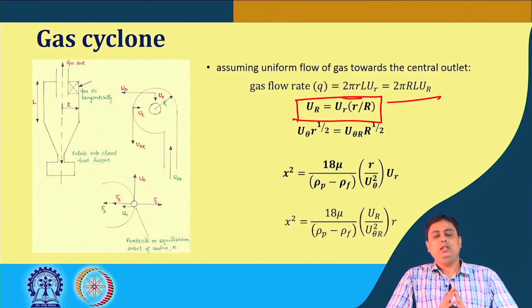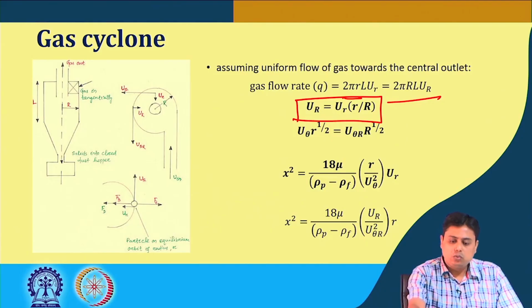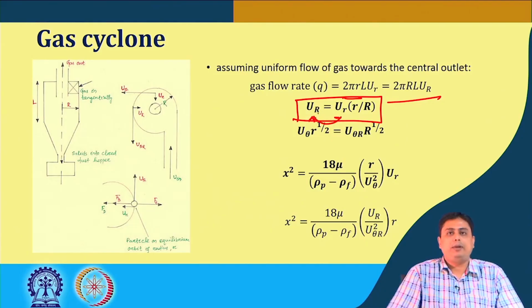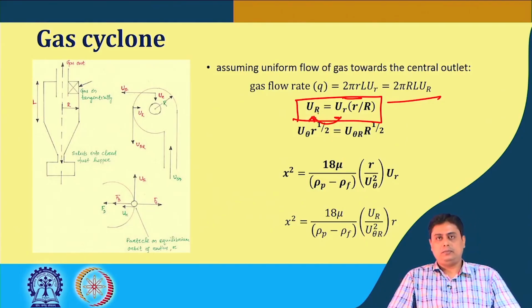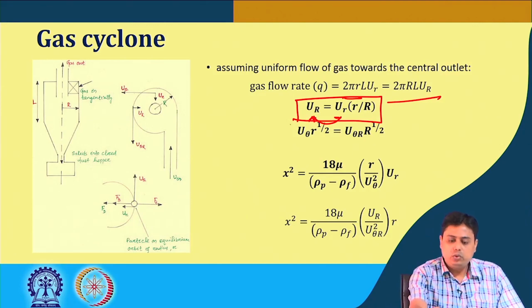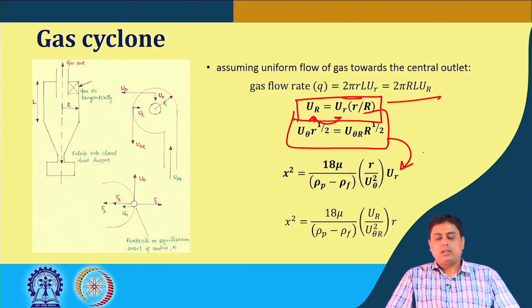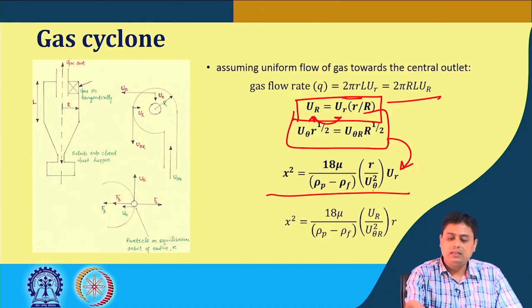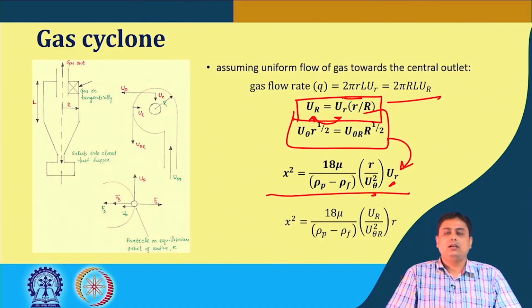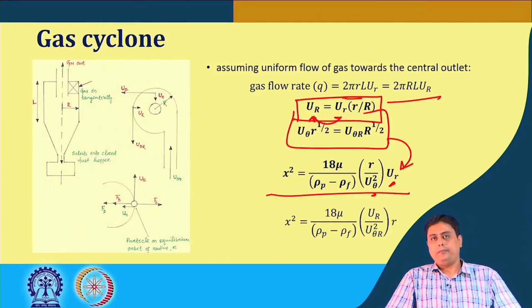We did that with u theta R, meaning near the wall or at the wall, and u small r in terms of u capital R. These two were the two unknowns basically, u theta and u small r, that we derived by the equilibrium force balance.